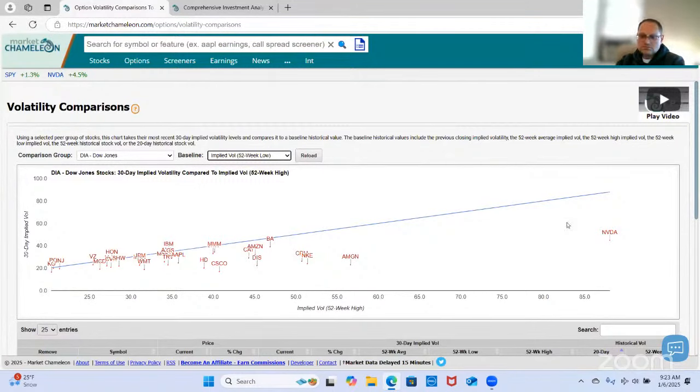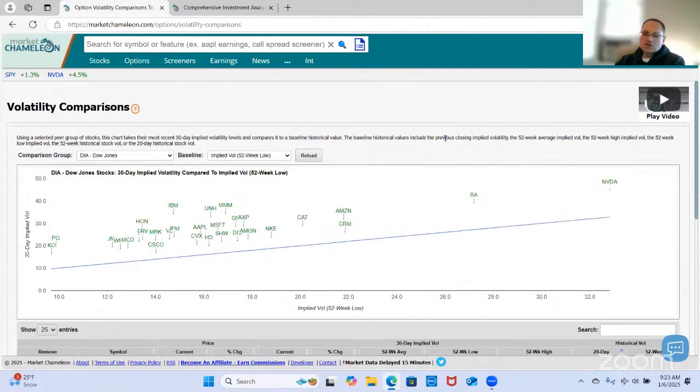Okay. Reload. And we see that none of them are on the line. They're all above. Maybe the closest one would be Cisco. It's currently at a 16.9 vol versus a low for the year of 14.